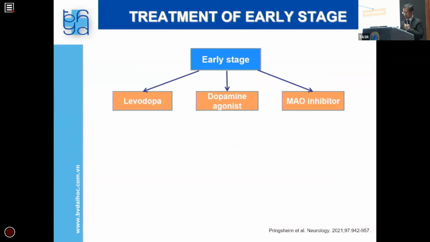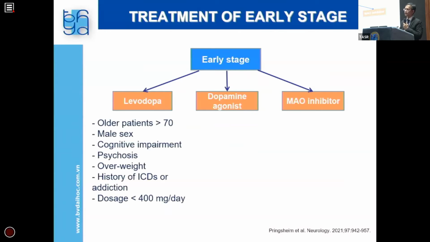There are some features to consider before choosing the medication. For example, we can choose levodopa for patients more than 70 years old, male sex, with cognitive impairment, psychosis, overweight, or history of ICD or addiction, and we can use a dose less than 400 milligrams per day.